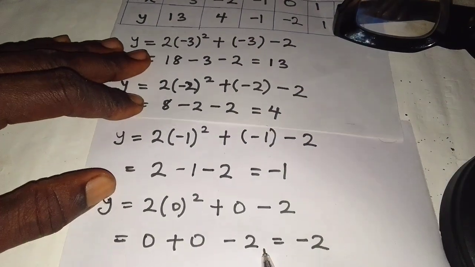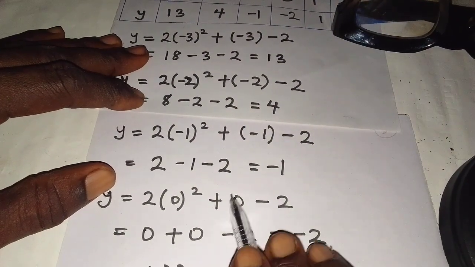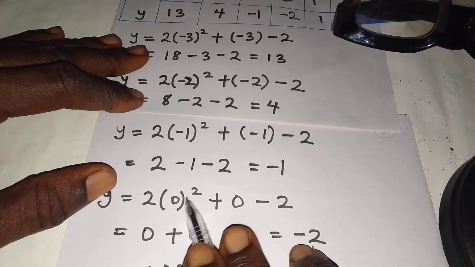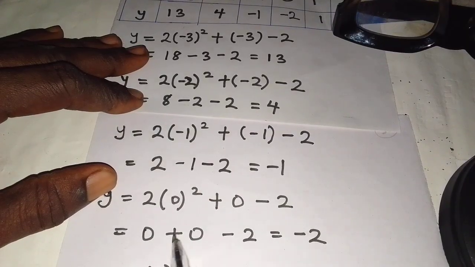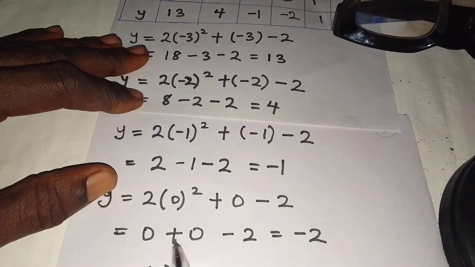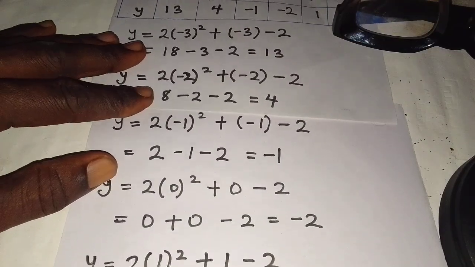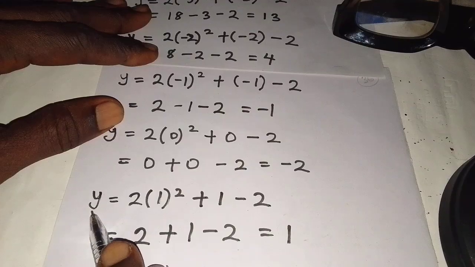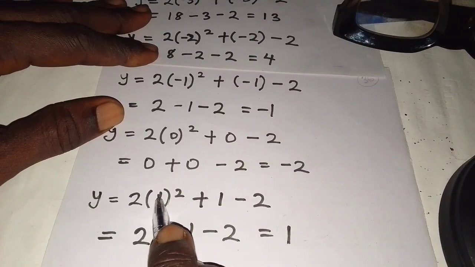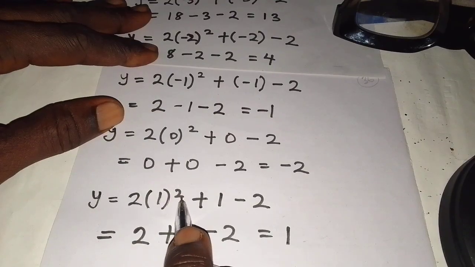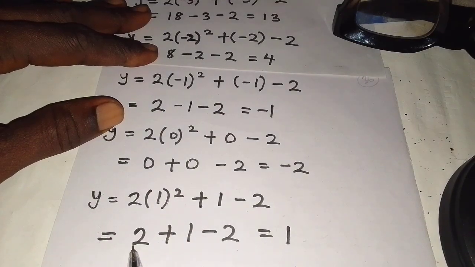Then when x is 0, you substitute 0 for x: 2 into bracket 0 squared plus 0 minus 2. 0 squared is 0, times 2 is 0, plus 0 minus 2 gives us minus 2. When x is 1, in place of x you put 1: 2 into bracket 1 squared plus 1 minus 2. 1 squared is 1. 1 times 2 gives us 2.